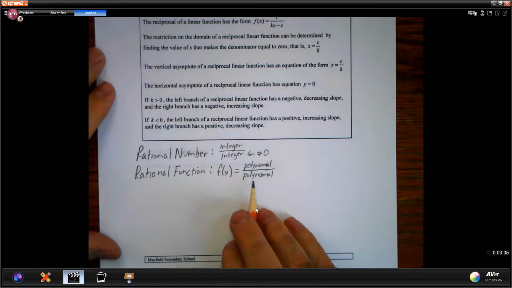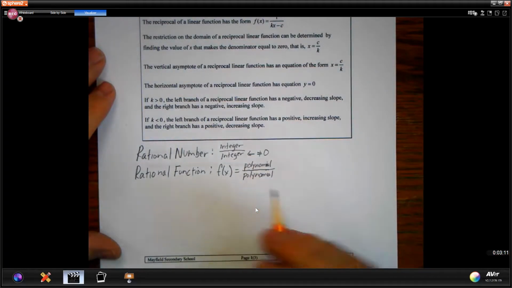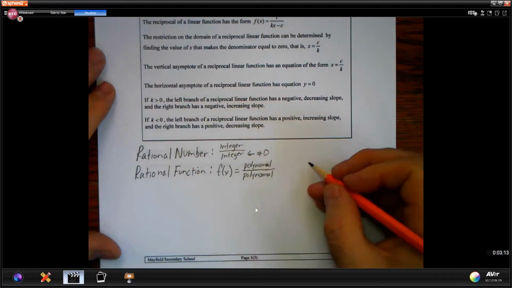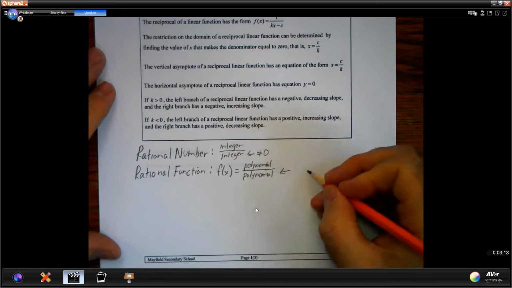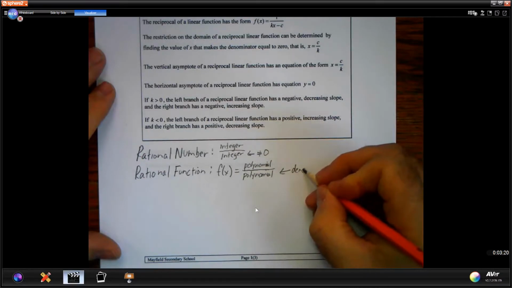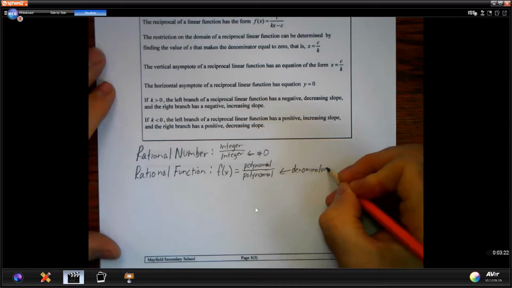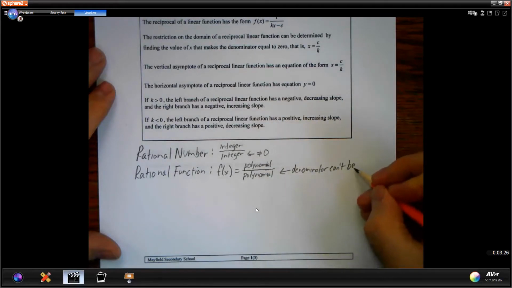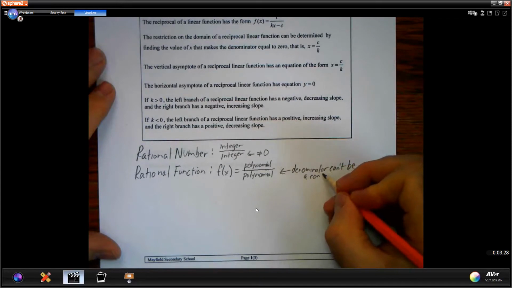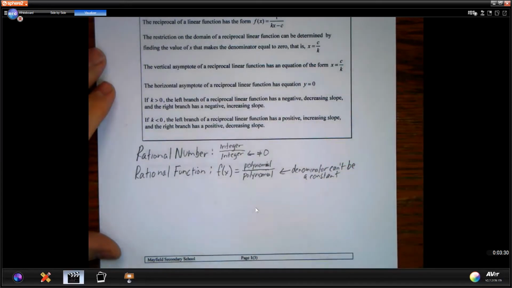But the further clarification on polynomial over polynomial, and that is definitely true except for one thing: the denominator can't be a constant. The top can be, the numerator. Let's discuss why that's true.